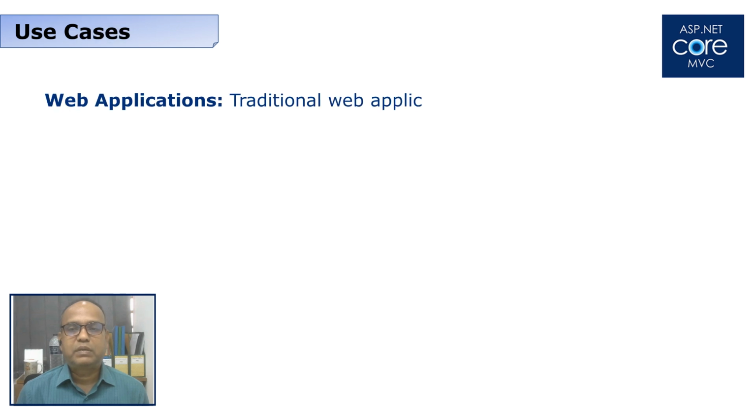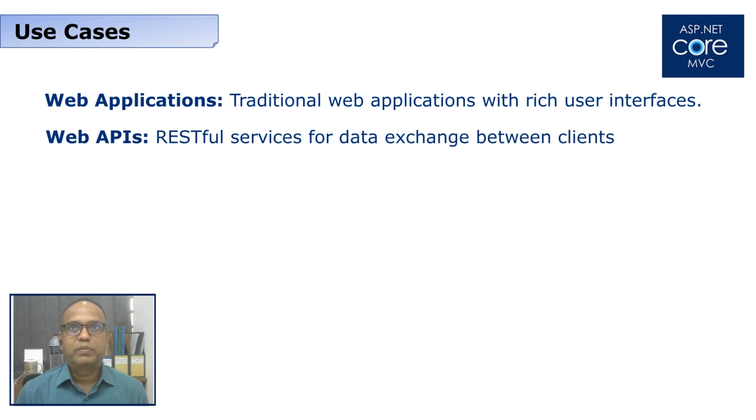Use cases. ASP.NET Core can be used to build a wide range of applications, including web applications, traditional web applications with rich interfaces. Web APIs, RESTful services for data exchange between clients and servers.